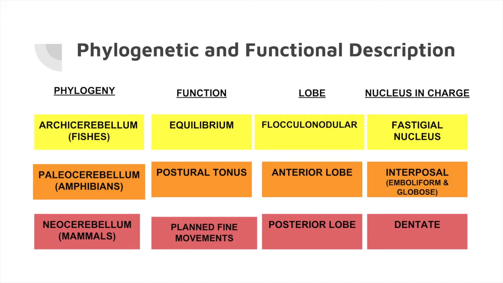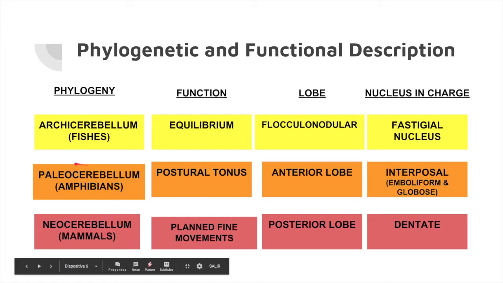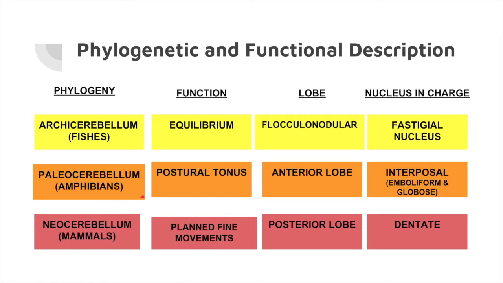So the next structure that developed appeared in amphibians, and it was the paleocerebellum. It has the function to coordinate the postural tone. This refers to the way that individuals assume a posture and can stand on two feet, for example.